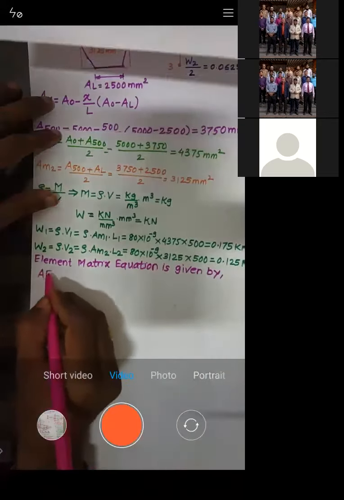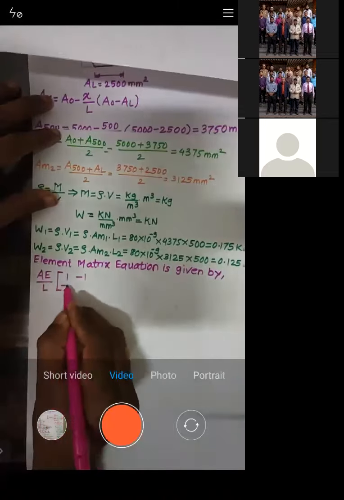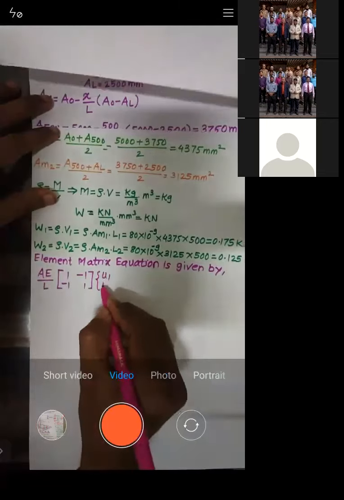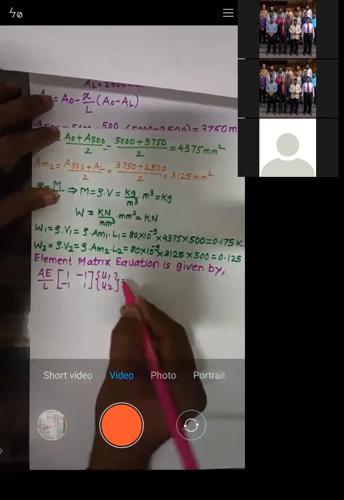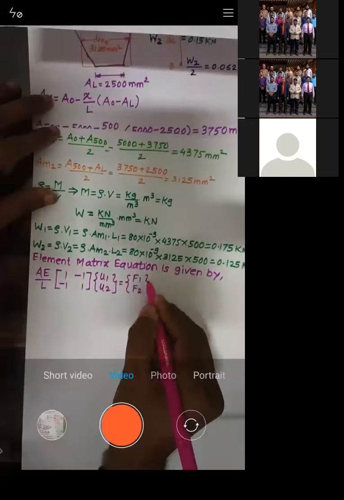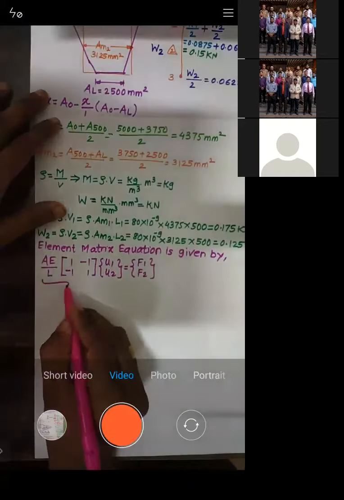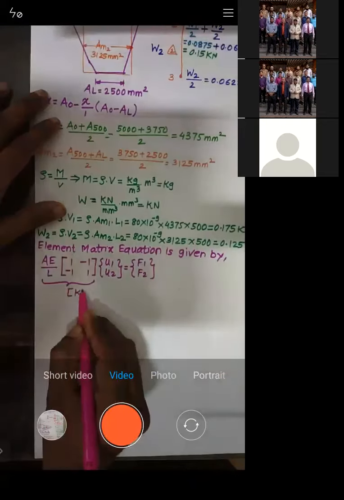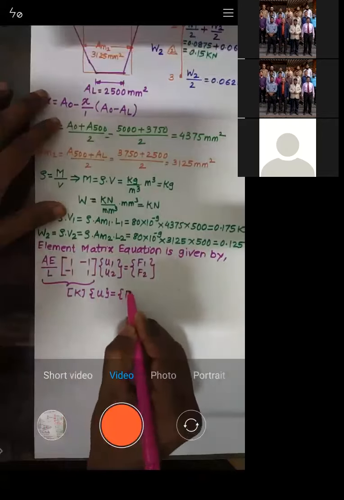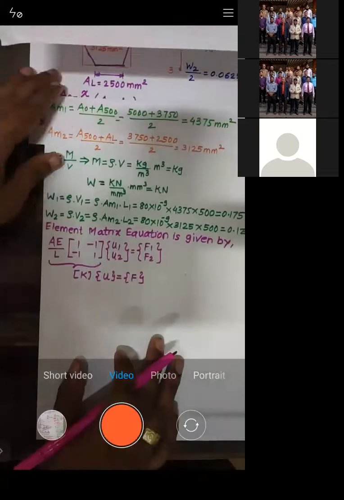It is given by AE by L into [1 -1; -1 1], into the displacement, that is U1 U2, is given by force, that is F1 F2, right? As you know already, this is called the element stiffness matrix. When you multiply it by displacement, it will give you the value of force, right? So this is the element stiffness matrix, which you are supposed to write down for every element.